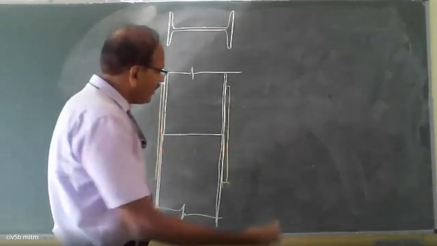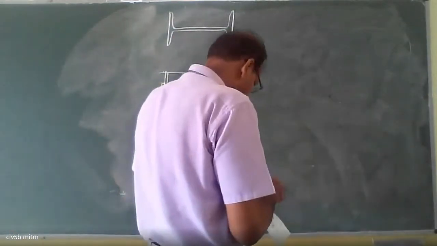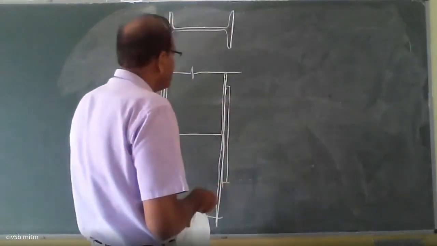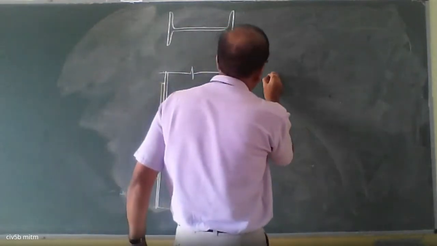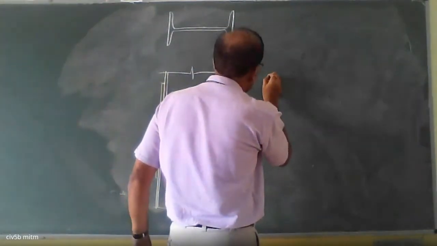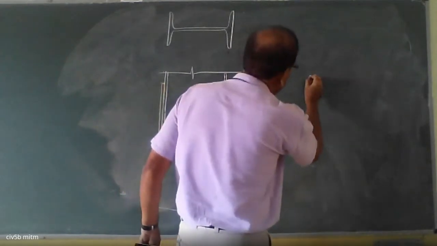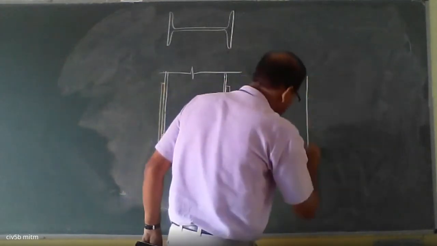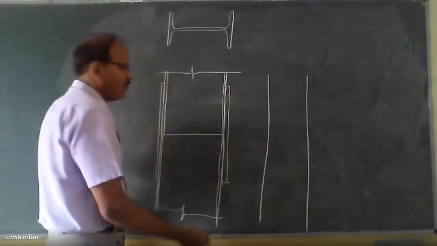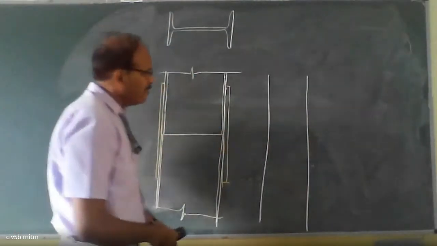When you look from this side, that is the side elevation. What you are going to see is only two lines, equal to the flange width of the section.